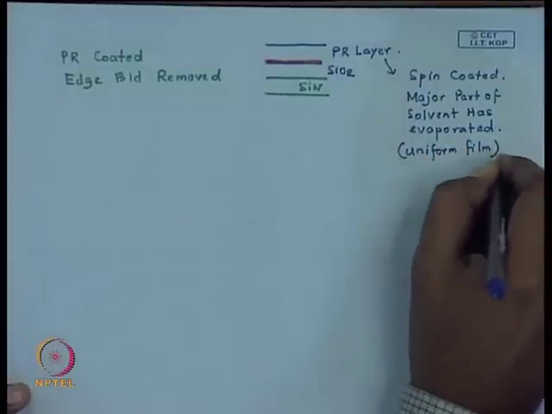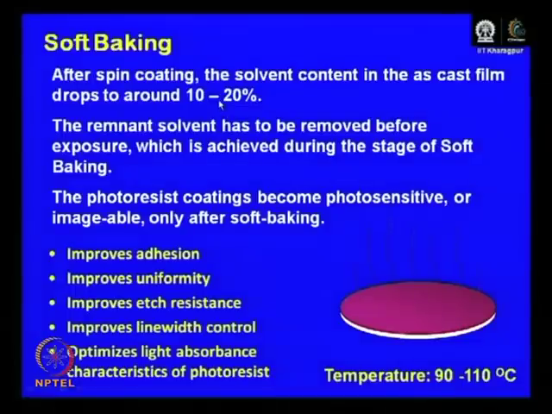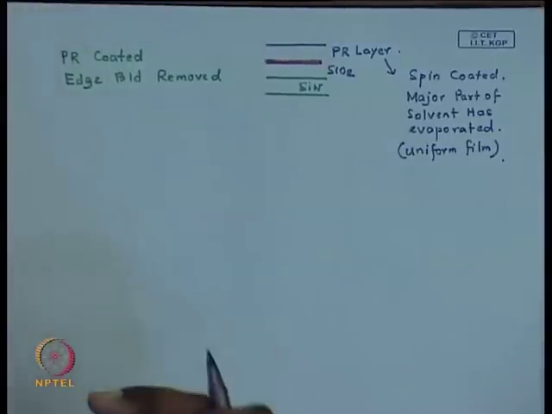But the reality is that after spin coating, even though we feel that the major part of the solvent has evaporated, the as-cast film still contains around 10 to 20% of solvent. This remnant solvent has to be removed before exposure, because after the photoresist layer is ready, you will place the mask and then go for exposure.